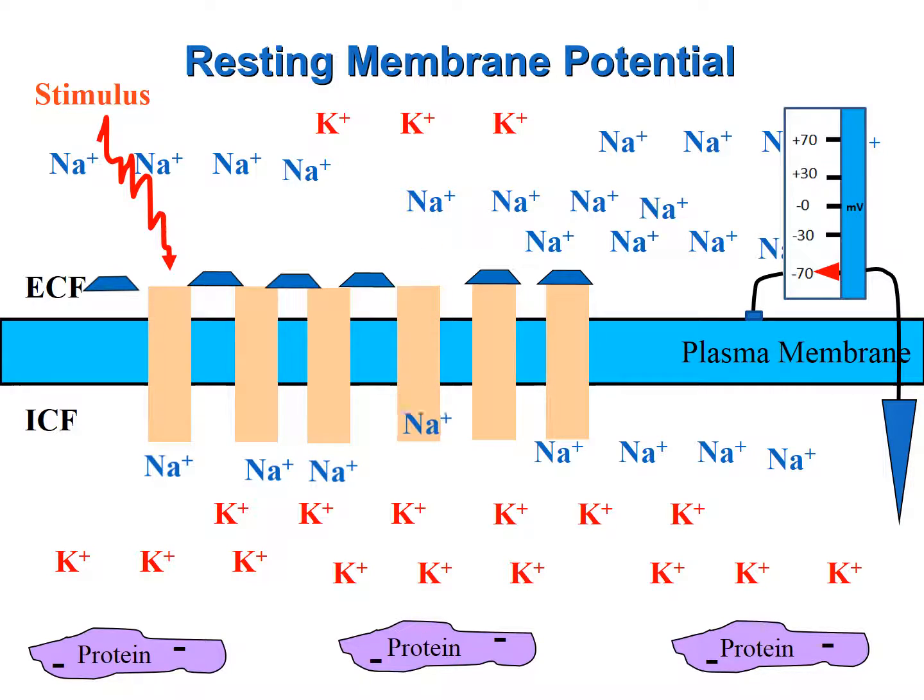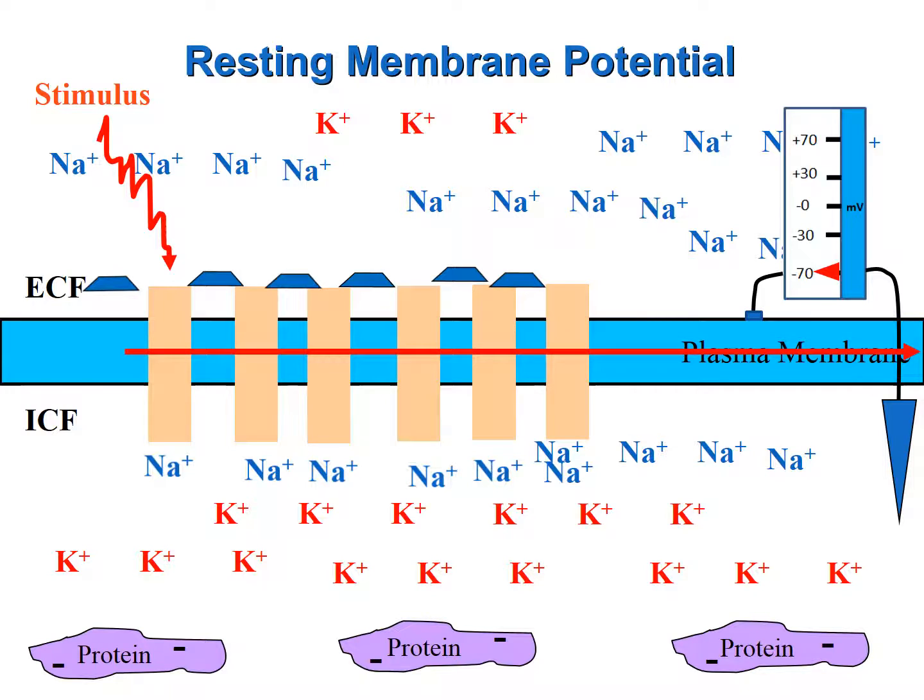So we have this domino effect as sodium ion channels are opening farther and farther away from the original stimulus, and so we have this depolarization that is moving down the plasma membrane. And if we observed a voltmeter as that depolarization moved down the plasma membrane past the voltmeter, you'd see the voltmeter move towards zero or become less negative.